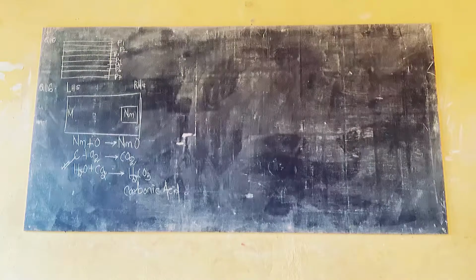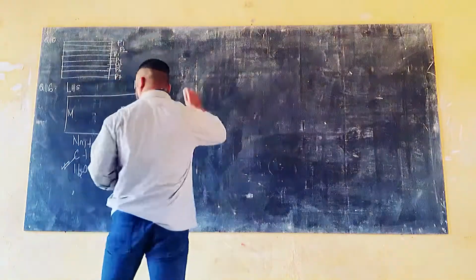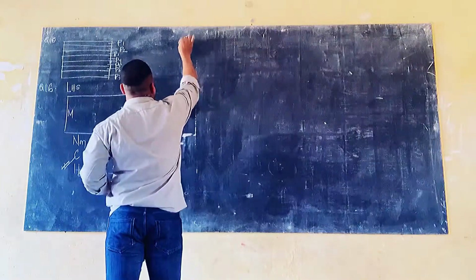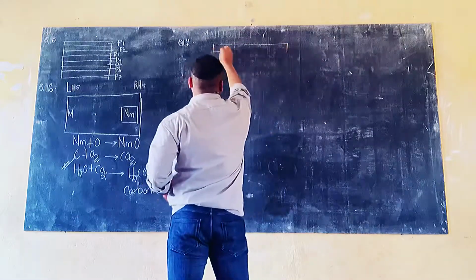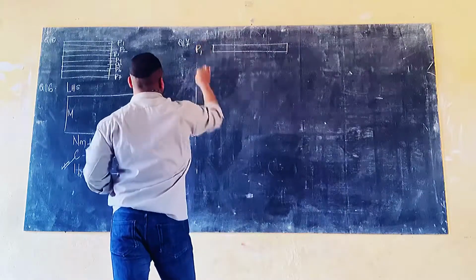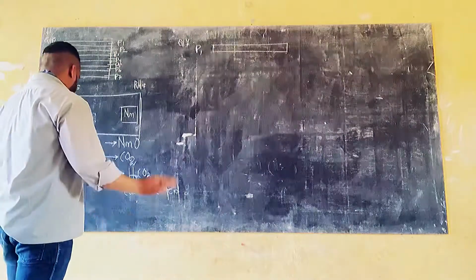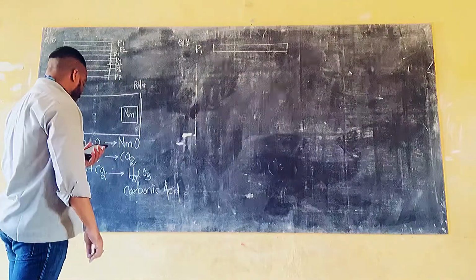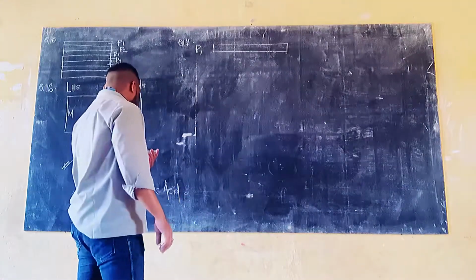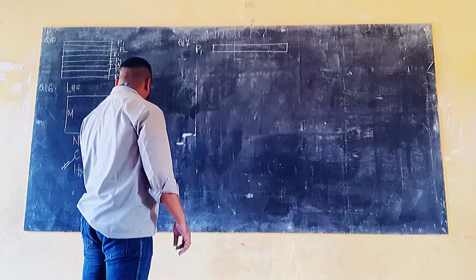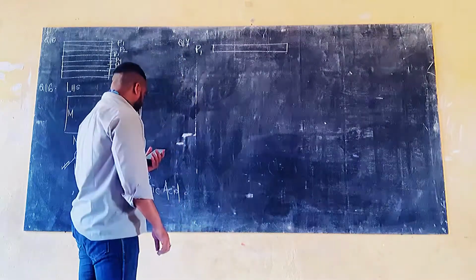This is the first period, period 1. What you have to predict is the maximum number of valence electrons possible for atoms in the first period of the periodic table.